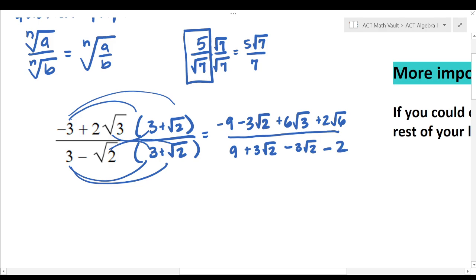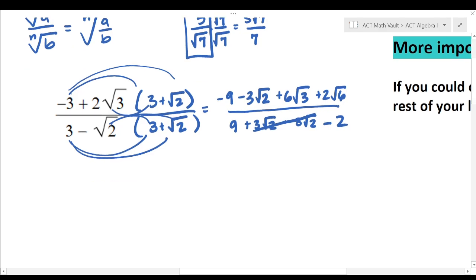What is helpful about this process of multiplying the conjugate is these middle terms slash, they will cancel each other out because we set ourselves up with a difference of squares on the bottom. So at the end, we'll say equals -9. I'm just copying down the top. And then all over 7, final answer.